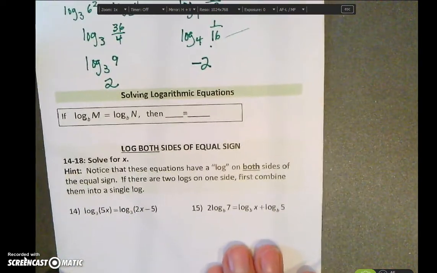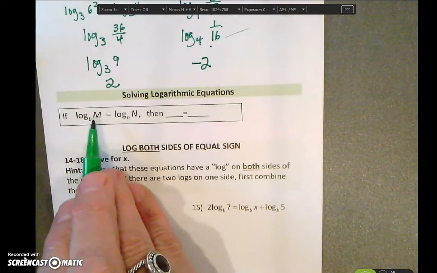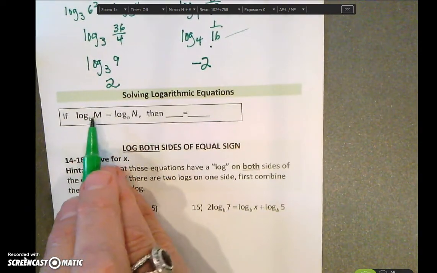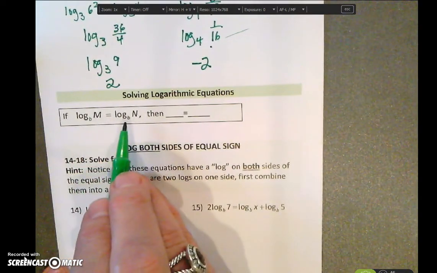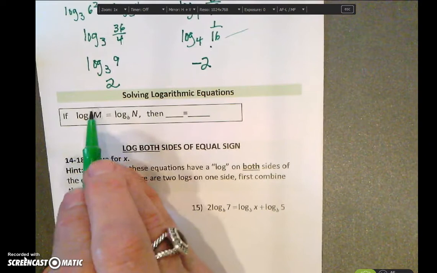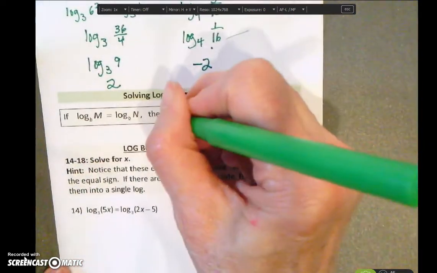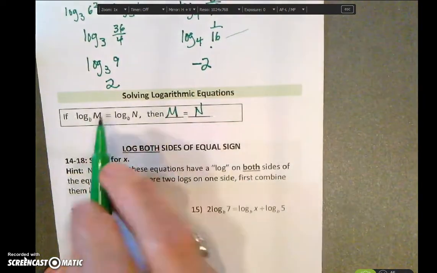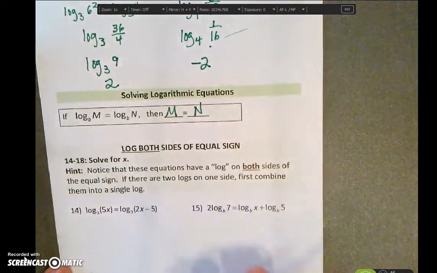All right, so now we're going to be solving log equations. So here's our first rule. If log base b of m is equal to log base b of n, so the bases are the same, the only way that's going to happen is if m is equal to n. So if the logs have the same base, I can just take what I'm taking the log of, and they're both equal.